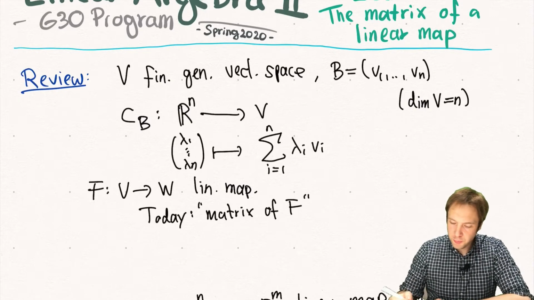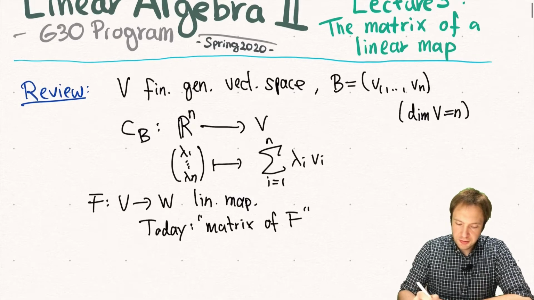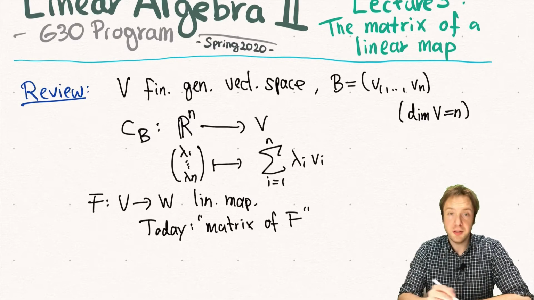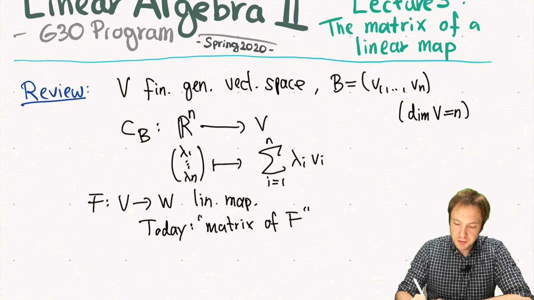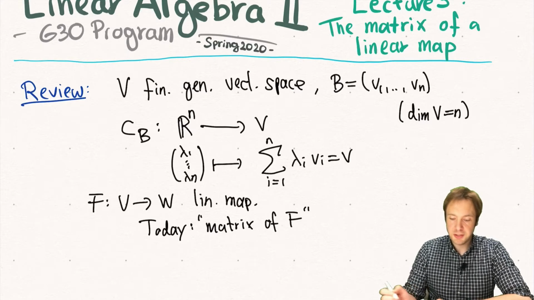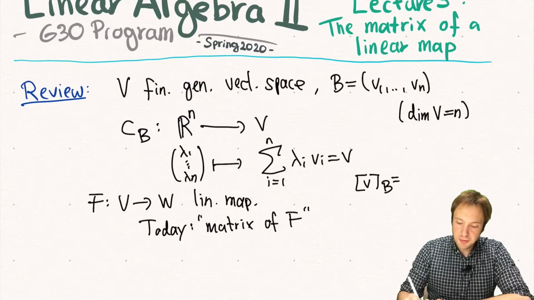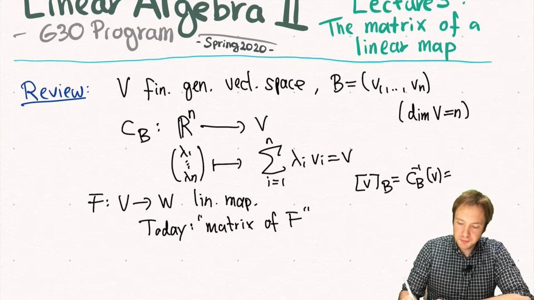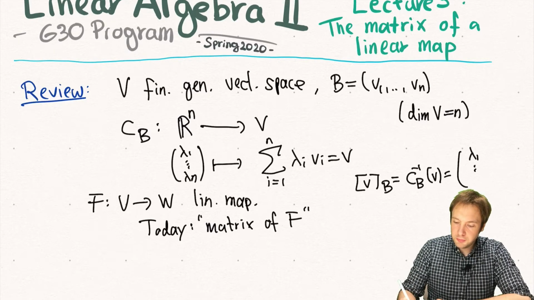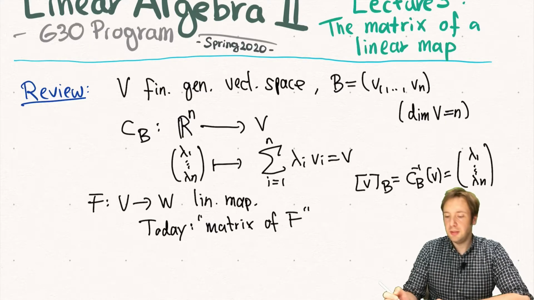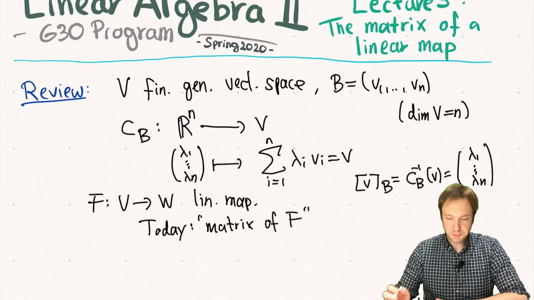Also one notation: recall the inverse map of this coordinate map was given by the coordinate vector. If this linear combination here is called v, then the coordinate vector of v with respect to this basis is just given by the inverse of this map, meaning this is just the tuple or the vector (lambda 1 up to lambda n).